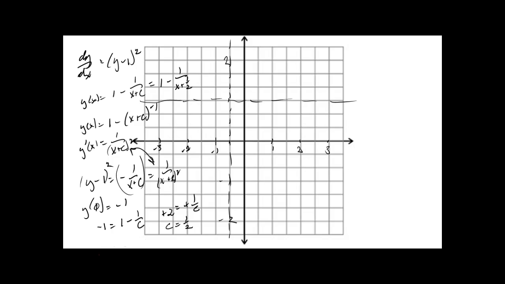Okay? Now, they also told us when x equals 0, y is equal to minus 1. Here's x equals 0. Here y is equal to minus 1, right down here.